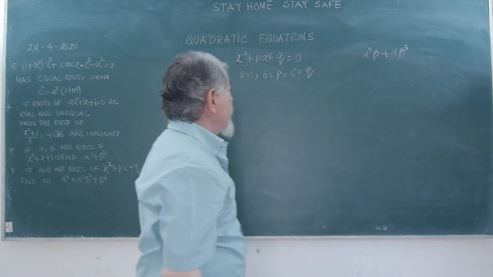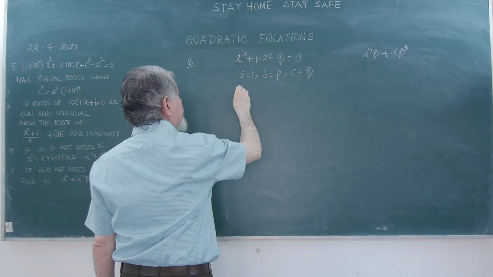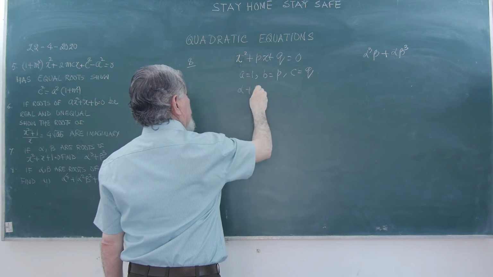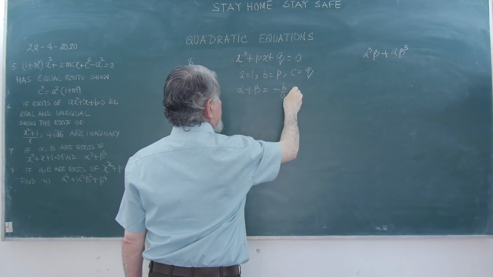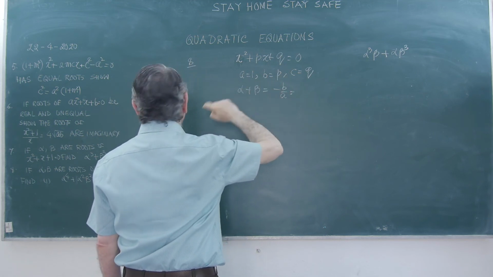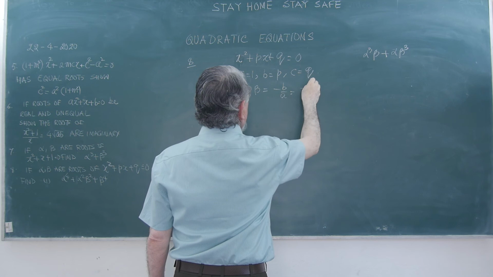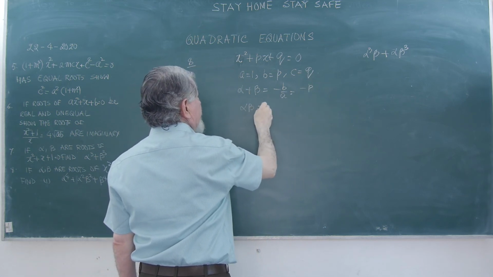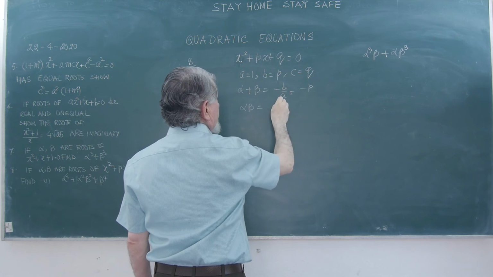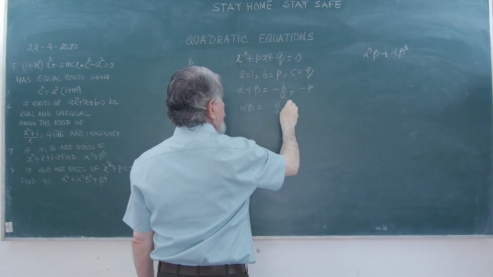If alpha beta are the roots, then alpha plus beta will be equal to minus b upon a, that is minus p. And alpha beta will be c upon a, that is q.